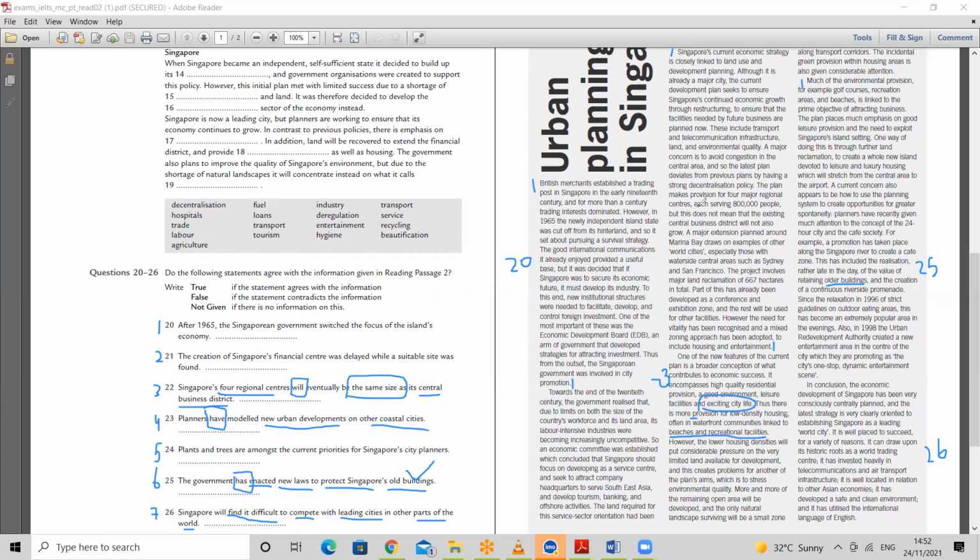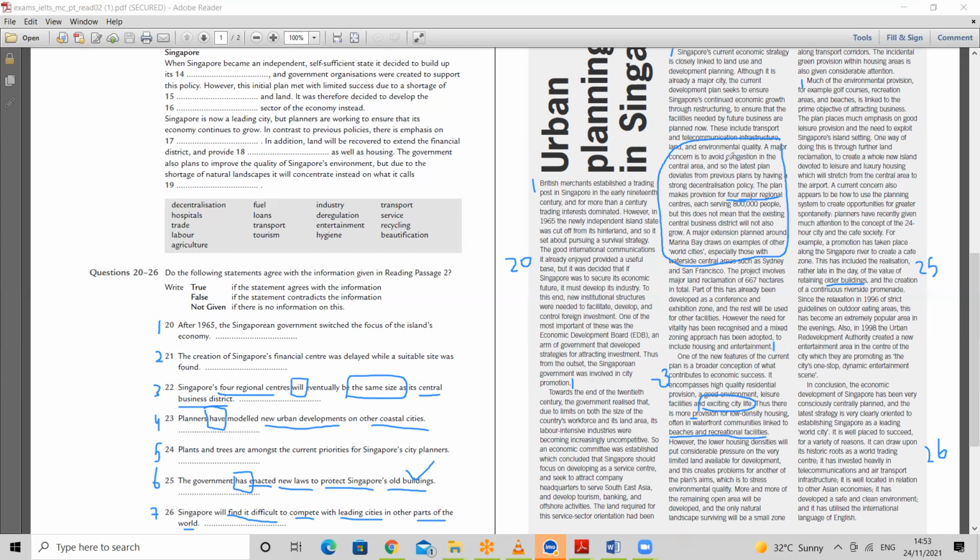Starting to scan to find the 4 regional centers, I'm sure by scanning through, you'll be able to find the 4 regional centers somewhere in the paragraph, which is right here. Okay. What does that mean? It means that I'm going to read this part of the text very carefully. That's called intensive reading, to decide whether the answer is true or false or otherwise not given. Now let's read through the part of the text together.